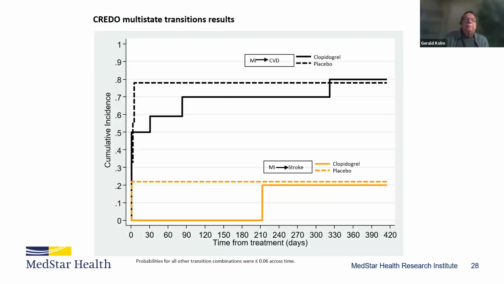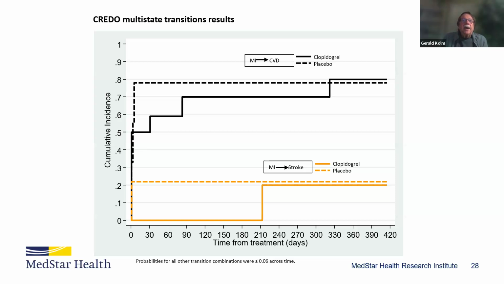So if we look at then the cumulative hazard rates based on the competing risk hazard functions, it would look like this. So the black line is going from a non-fatal MI to cardiovascular death, and the orange line is going from a non-fatal MI to a non-fatal stroke.